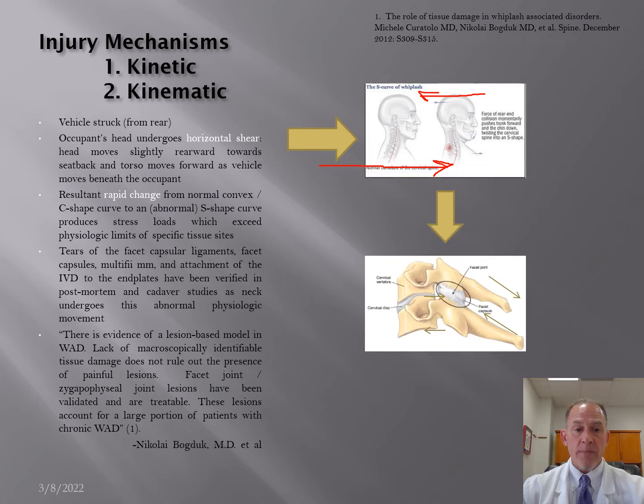Lack of macroscopically identifiable tissue damage does not rule out the presence of painful lesions. Facet joint and zygapophyseal joint lesions have been validated, and they are treatable. The lesions account for a large portion of patients with chronic whiplash associated disorders."